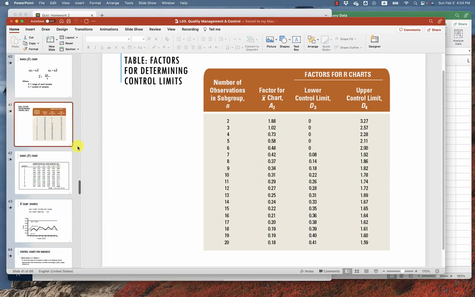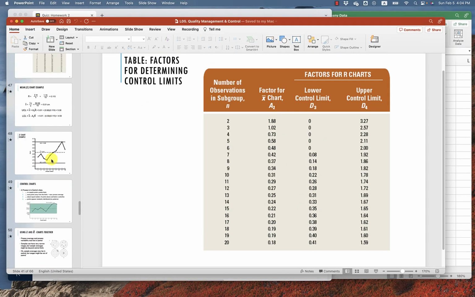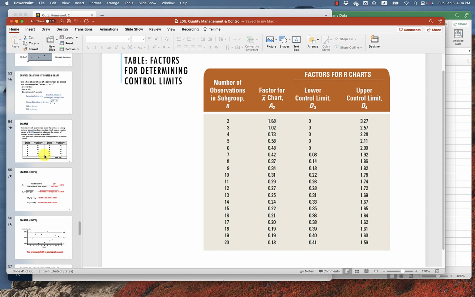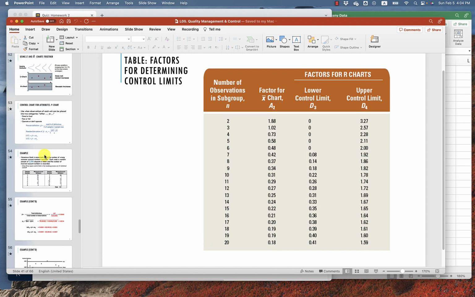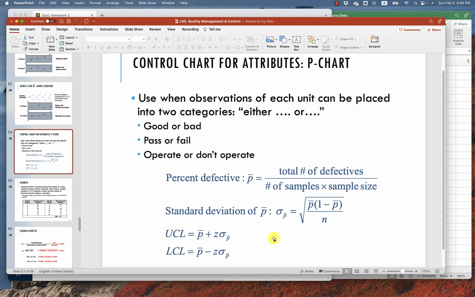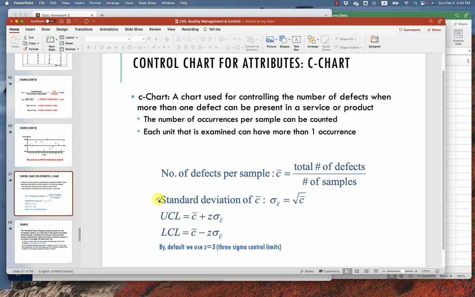Upper and lower control limit for the C chart. C charts are kind of easy to handle because you can calculate the C chart just based on the average occurrence. So we had 3 accidents per month. That was the C bar. You just need the C bar because the standard deviation of C bar is simply the square root of C bar.